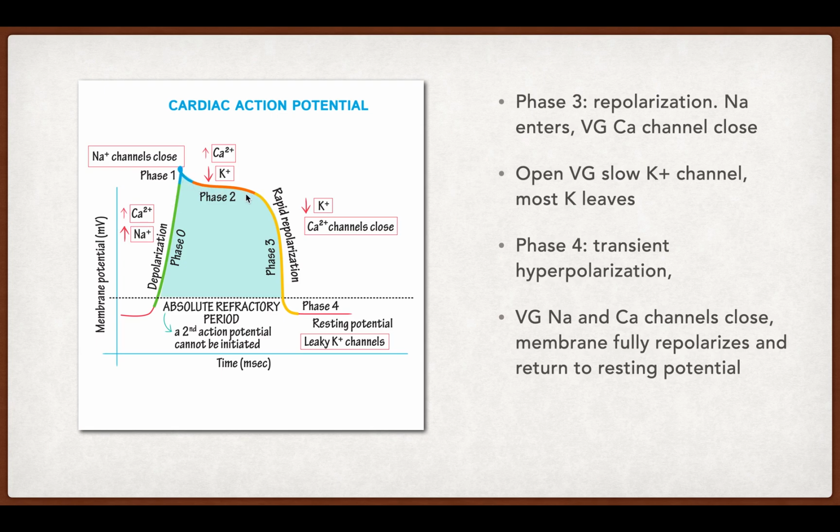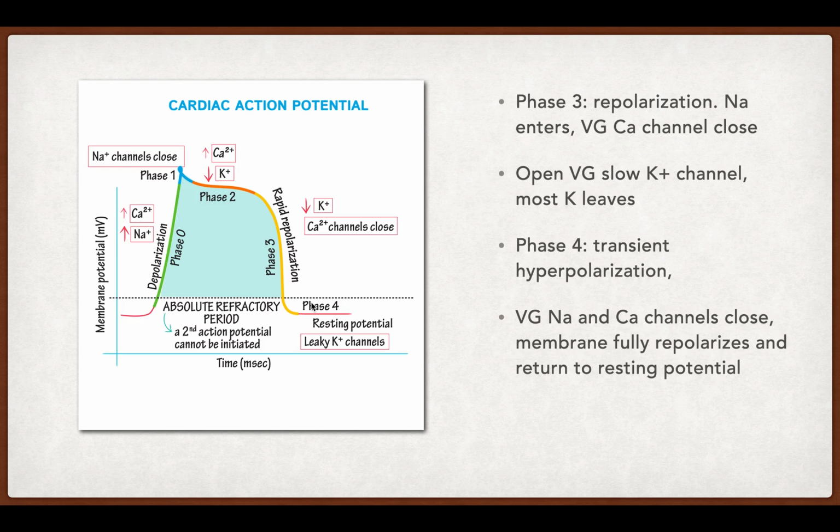There's going to be the plateau, and then the rapid repolarization, and then potassium will leave, and then phase 4 is going to be your transient hyperpolarization, where a little bit too many potassiums leave, but then it will eventually go back to resting potential due to the leak channel. So remember when I said that there's always a couple potassium channels open, they don't actually ever close, but they are slower. So there's going to be that transient hyperpolarization.